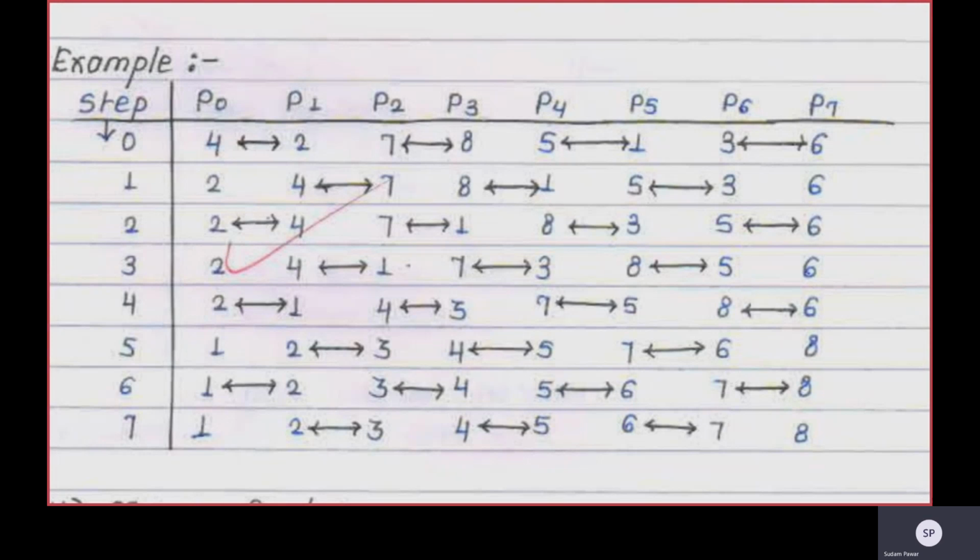If you see there, in the first step, that is step 0, you consider the even elements. 4 is compared with 2, 7 with 8, 5 with 1, and 3 with 6.